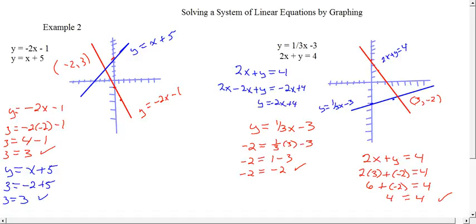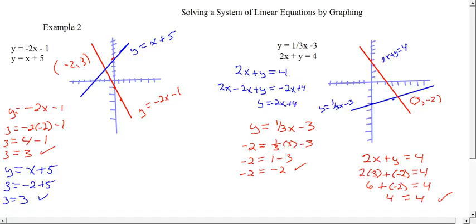Go back to our Y editor, and let's pick the very first one, and put in our Y editor 2. Actually, that's a negative 2x minus 1. Hit enter, and then put in x plus 5 and hit enter.